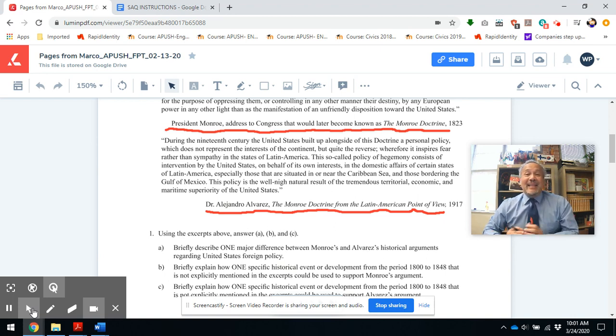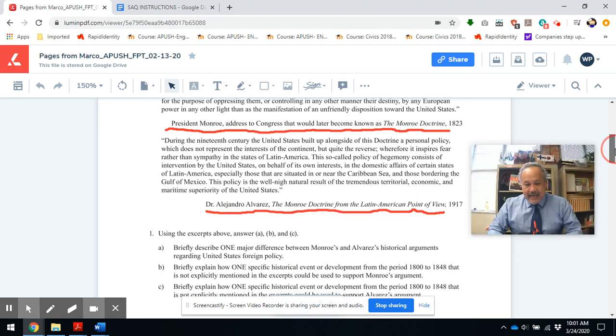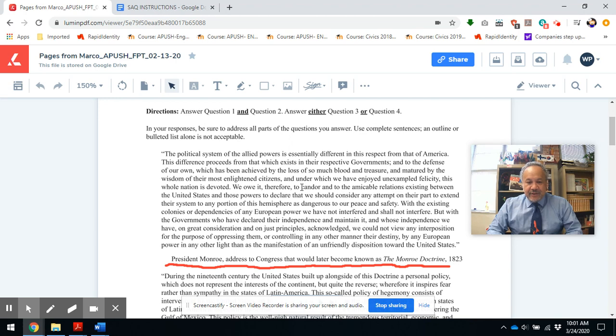And if you know anything about history, most people in Latin America do not see America as all great, protecting Latin American nations and democracies, promoting Latin American interests and respecting their sovereignty and independence. So you see that. Let's read in here and see what they're saying.